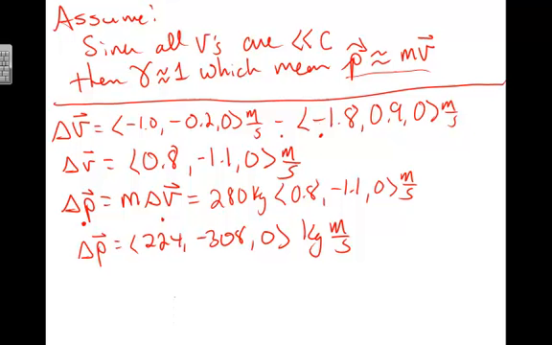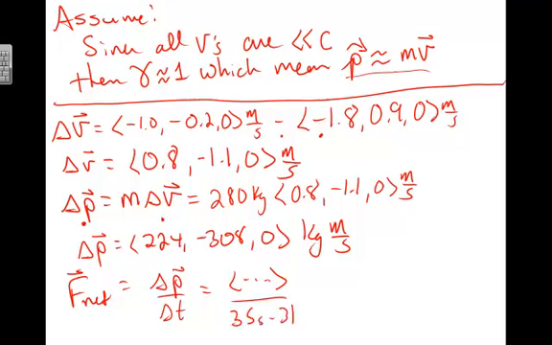So the final step then is that F net is equal to delta P over delta T. So it's going to be this delta P that I had up above divided by 35 seconds minus 31 seconds, which is going to be this divided by 4 seconds. And so let me just go to the next screen to write down my answer.